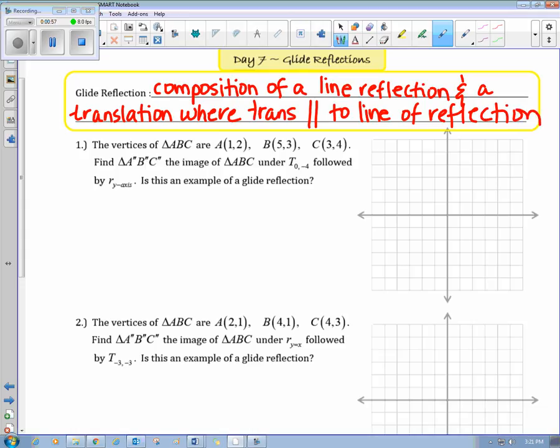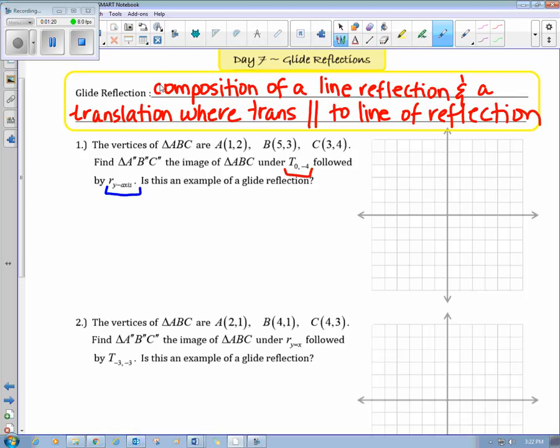So for question number 1, it's telling us we have a triangle ABC. We're supposed to plot those points, and then we are supposed to get a single prime triangle using this and a double prime triangle using this. So first thing we're going to do then is plot the original triangle.